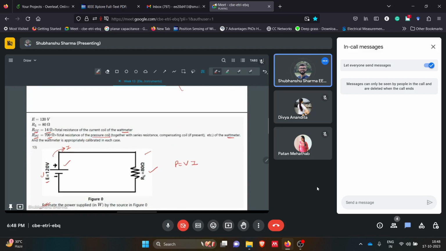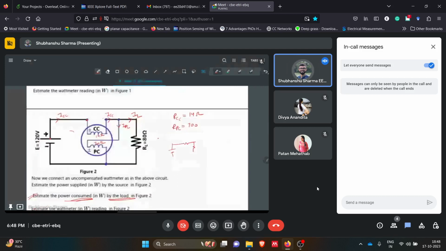So the circuit will look like this. This is the current coil resistance, 14 ohms. This is 700 ohms, and this is 80 ohms. So just solve what the parallel combination of 700 parallel 80 will be. This will be the equivalent resistance of this part, and then there is a series resistance of 14 ohms with this.